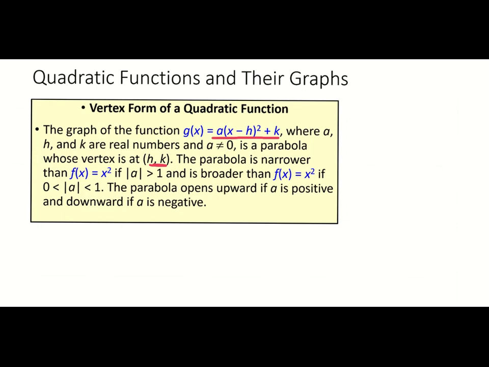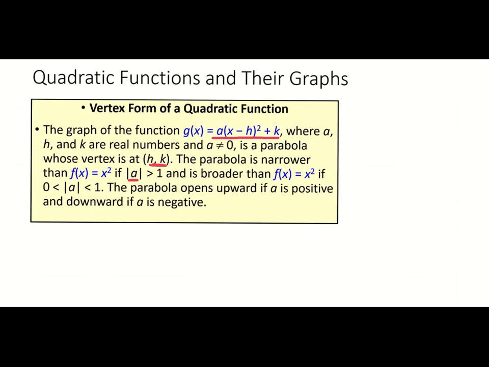Then another thing that they talk about is the width of your parabola. If the absolute value of a, so it doesn't matter if it's positive or negative, is a number greater than 1, like 2, 3, 4, 5, that means your parabola is going to be narrower than just g of x equals x squared, our typical parabola. So it's going to be narrower or skinnier.